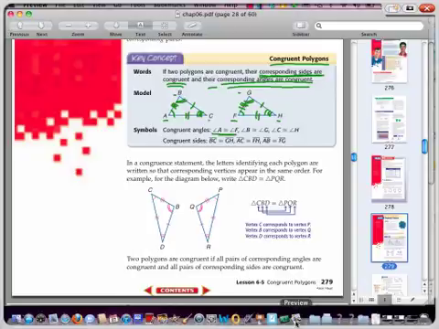We know that angle A is congruent with angle F, angle B congruent with angle G, angle C with angle H. We know that our lengths of our sides, BC is congruent with GH, AC is congruent with FH, and AB is congruent with FG. So therefore, we have a congruent polygon.